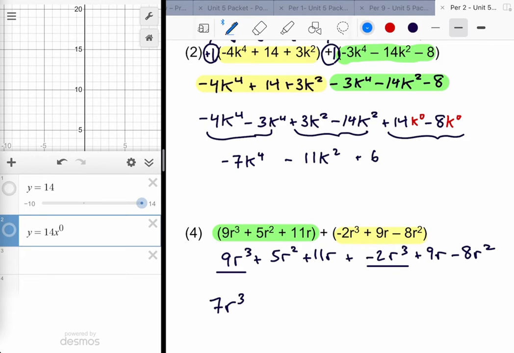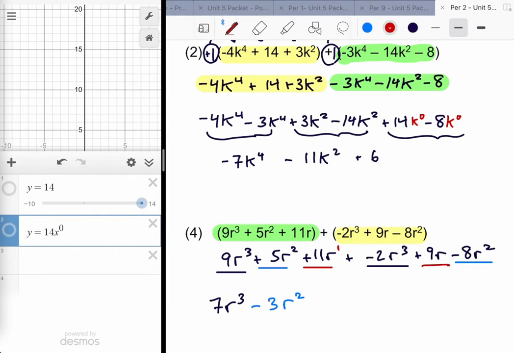All right. The next highest power is a power of 2, so I would take note of any term that has a power of 2. All right. So 5r squared minus 8r squared would be negative 3r squared. The only terms that are left have an understood power of 1.